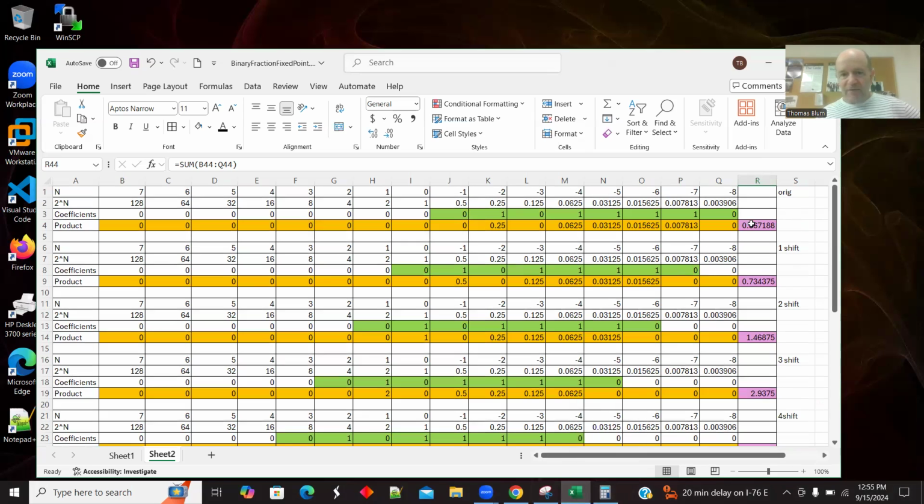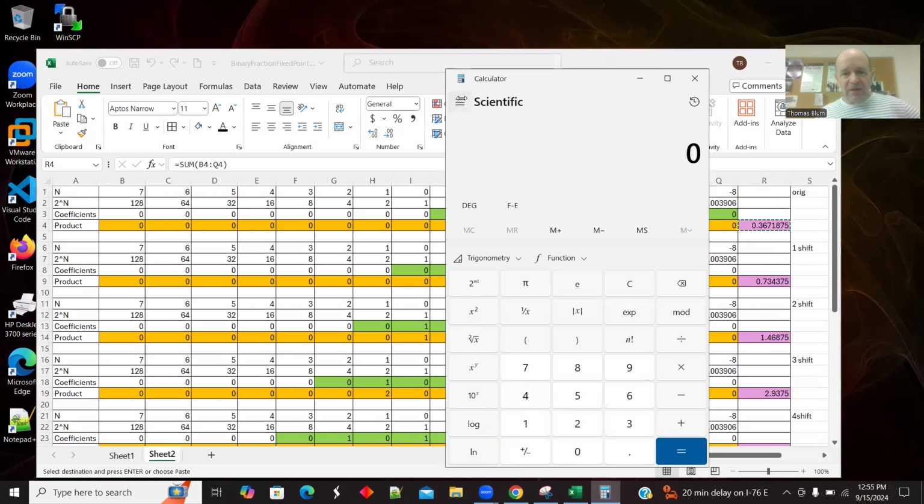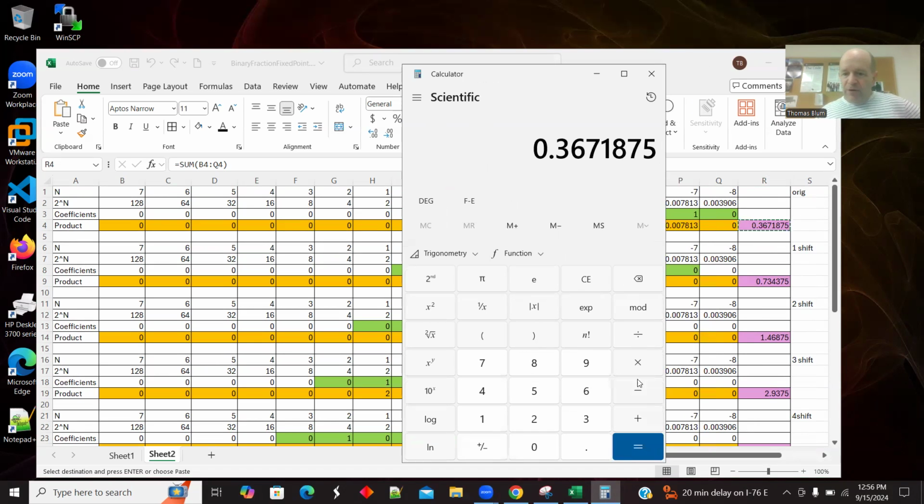So we had a fraction here. Let's see if I can copy that number over into the calculator. Control V, it worked, okay. And then I'm going to multiply that by 2 raised to the 8. And there's my 94. This one's exact.